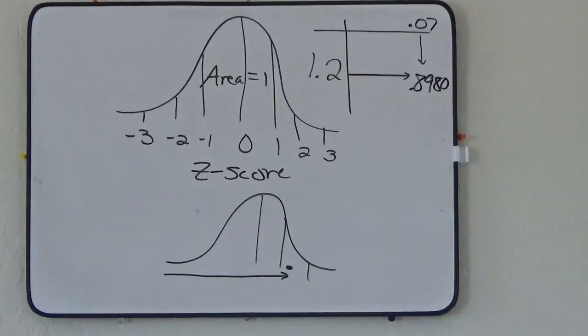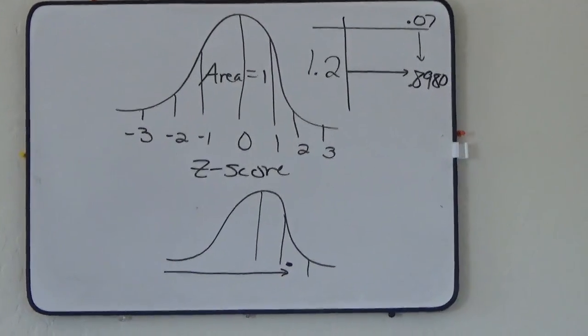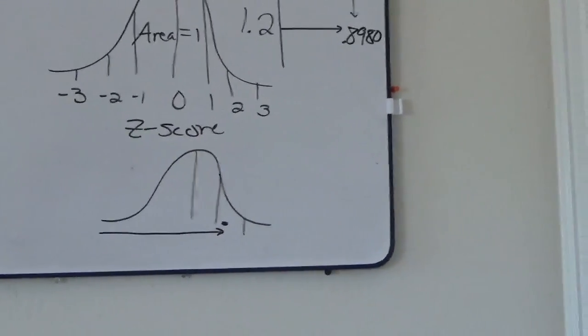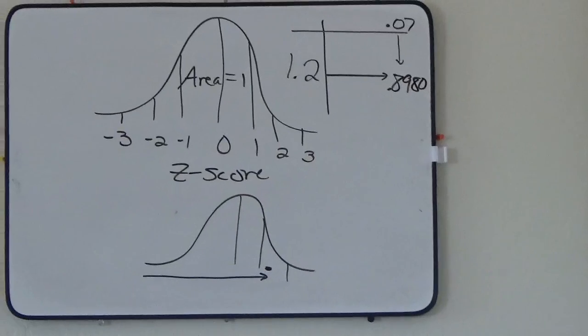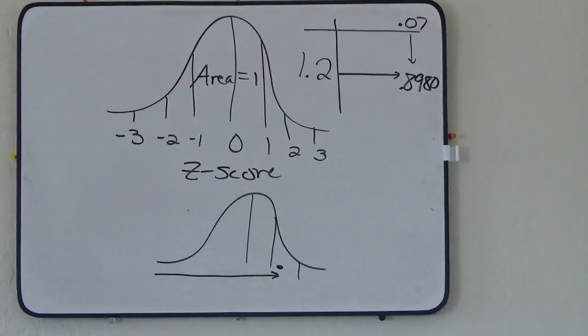That's an 89.8% probability. That's what that is. Everyone okay with that? Make sure you find that so that you know what's going on. That's everything less than 1.27.